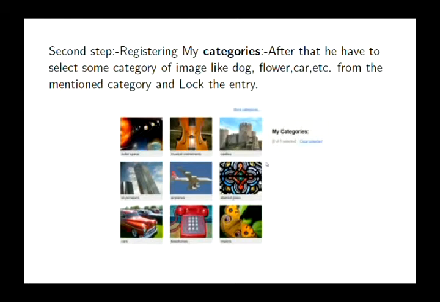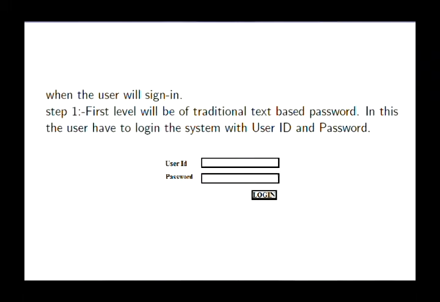And after the locking of the categories, there is a step known as login, in which the general or usual method, that is user ID and password, will be entered to enter a site or a secure domain. Now after that, the second process will be category-wise or graphical user-wise authentication.